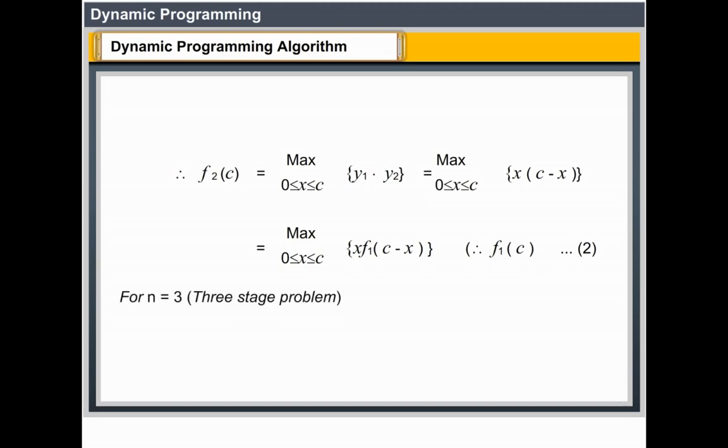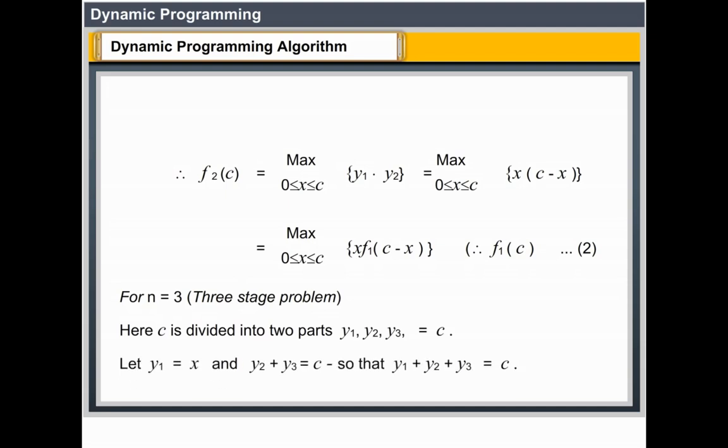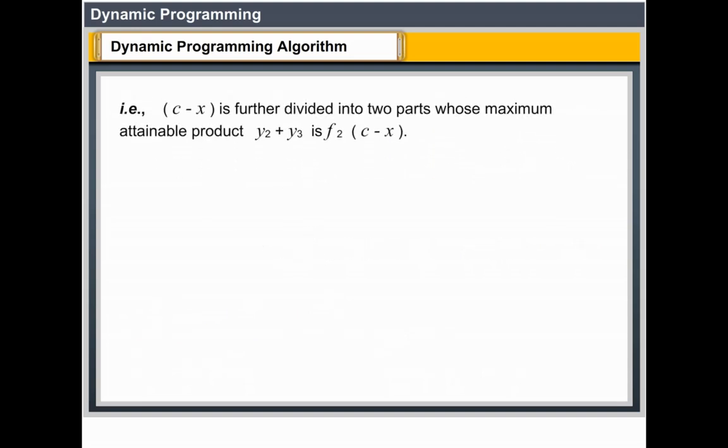This is called equation number 2. For n = 3, three-stage problem, here c is divided into three parts, y1 + y2 + y3 = c. Let y1 = x and y2 + y3 = c minus x, so that y1 + y2 + y3 = c. That is, c minus x is further divided into two parts, whose maximum attainable product y2 y3 is f2(c minus x).